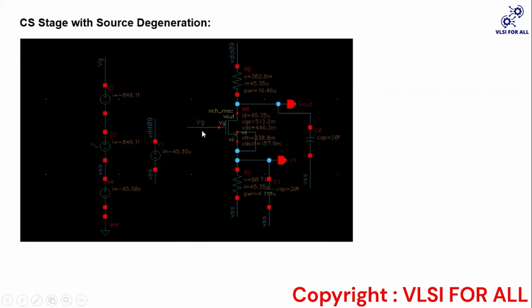As VGS is increasing, because of the current, the voltage at the source is increasing, and this normalizes the VGS increase, right? So this circuit behaves more linearly compared to the other circuits.